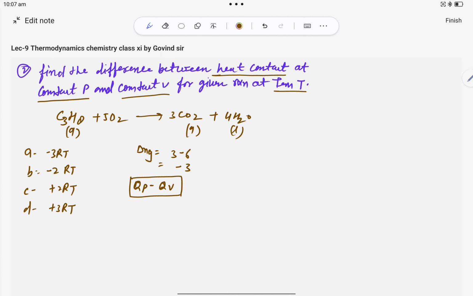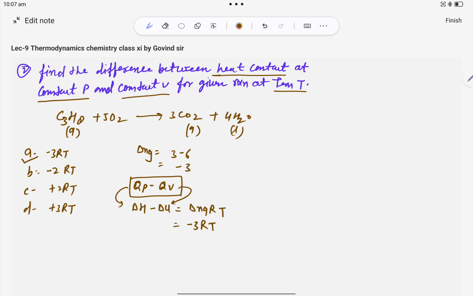So you know that Qp is represented as delta H and Qv as delta U, and the difference is delta NgRT. So it will be minus 3RT. Qp is delta H, Qv is delta U. So what is the answer? The first answer will be right.